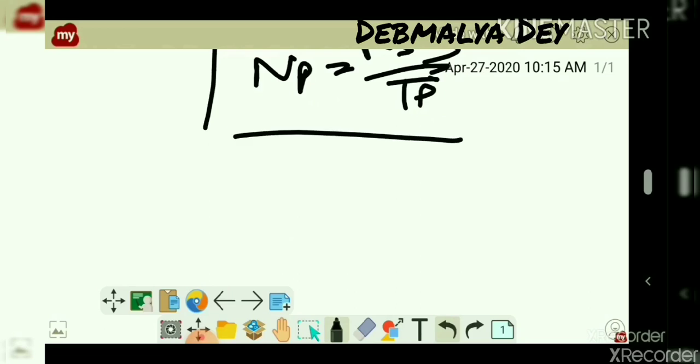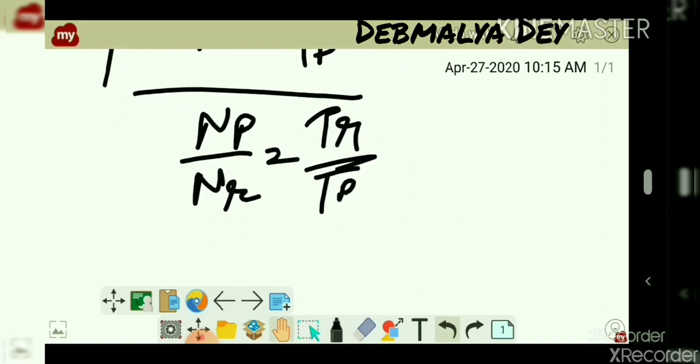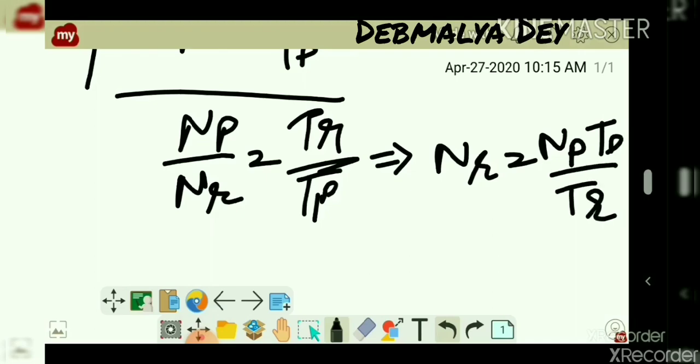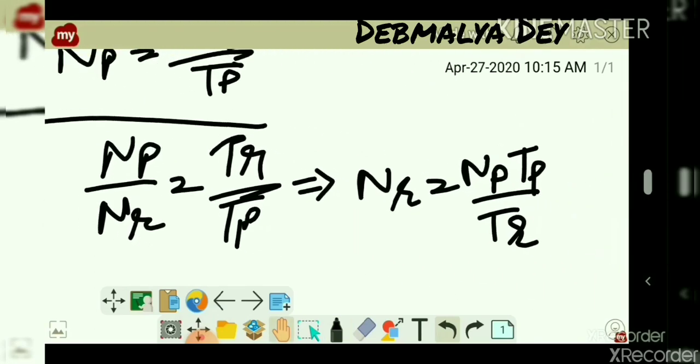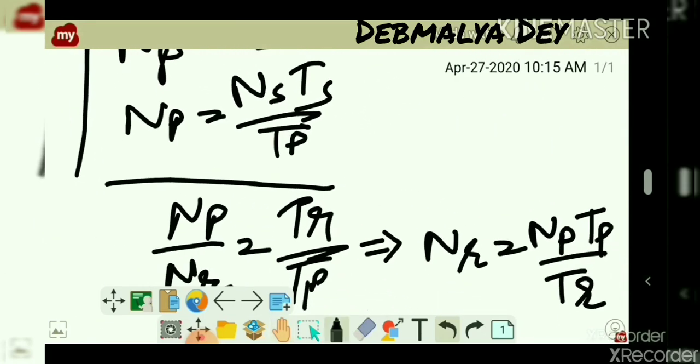So here we can write np by nr equals tr by tp. So nr equals np tp by tr. Now here we can put the value of np, ns ts by tp, because previously we have found out the value of np.